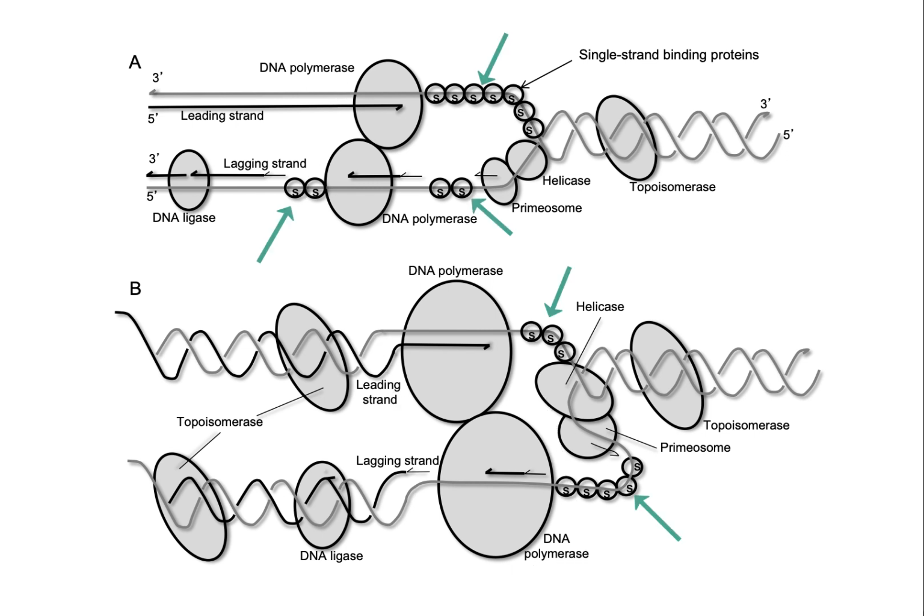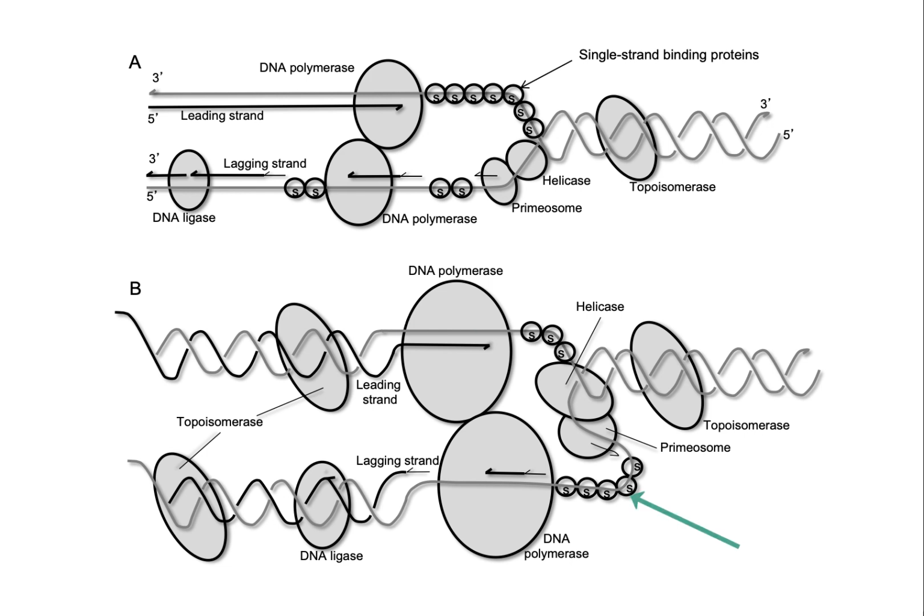So here are the single-stranded binding proteins, the helicase, the primosome that creates the RNA primer, and there are the DNA polymerases. There's DNA ligase sealing the ends, and the topoisomerase here. So as this one's moving down this way, this one has to wait and flip back from time to time. And it does so in this fashion down here, where this strand is being built and it displaces the other strand.